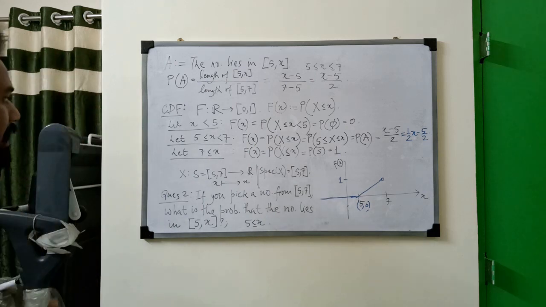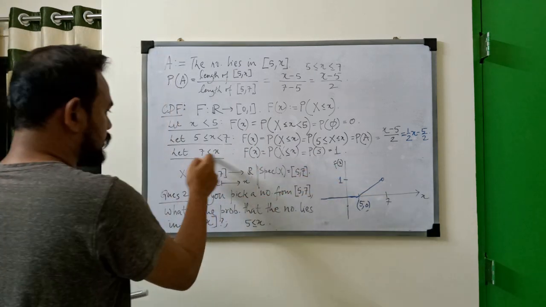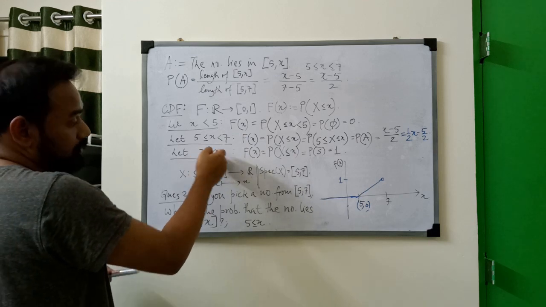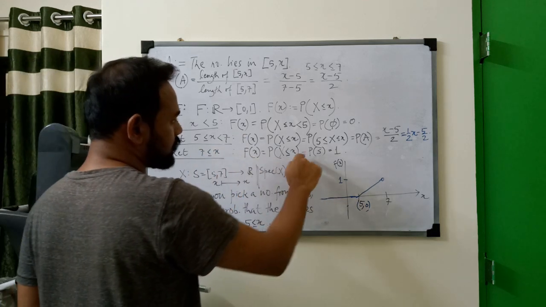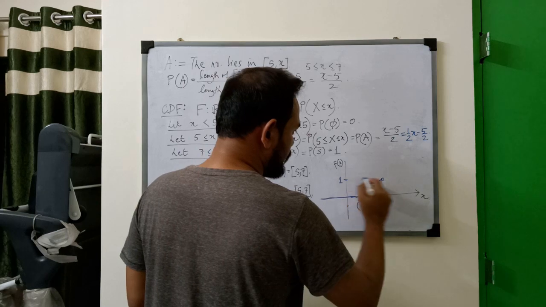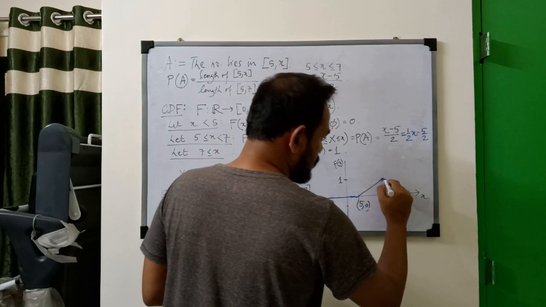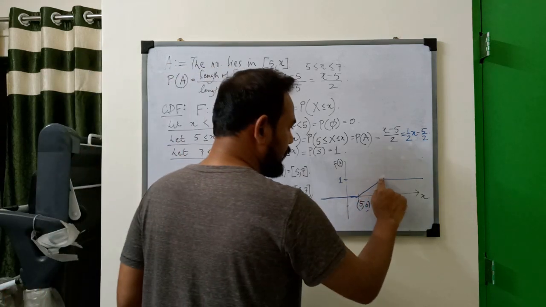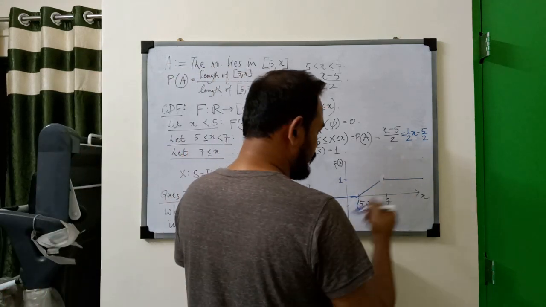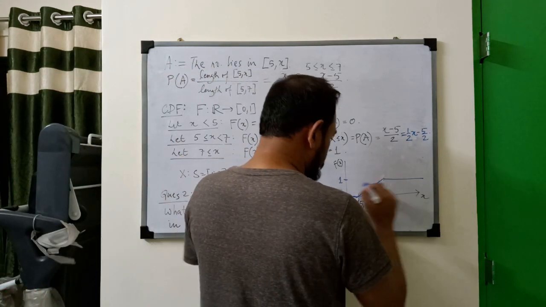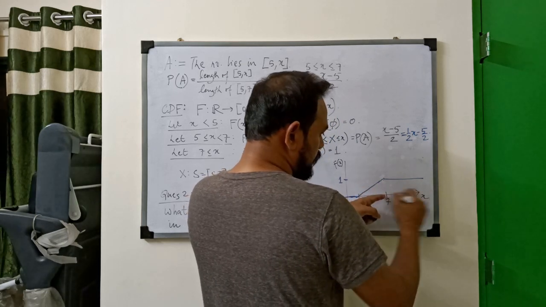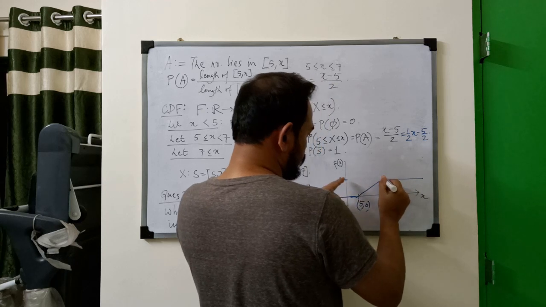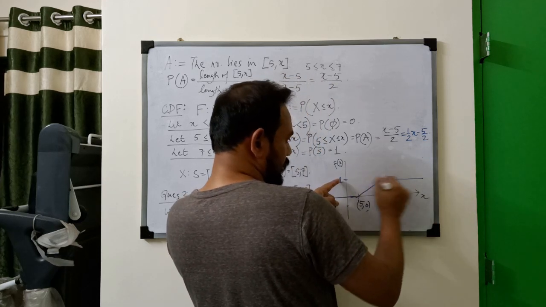And from 7 onwards, as x is 7 or beyond 7 on the right, the value of the function is 1. So from 7 onwards, the value of F is going to be 1. Again, there is no discontinuity here, because this line goes up to 1, and beyond 7 it lies along 1.